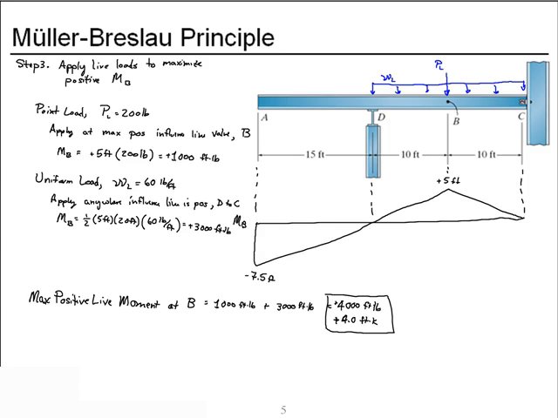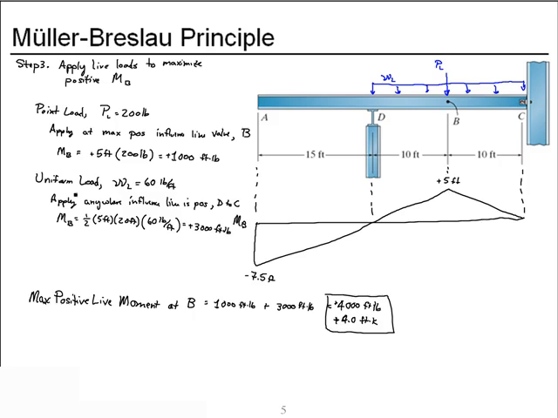We were then ready to use it. We had a point load, and it acts at the location of maximum value on the influence line. In this case, we're looking for positive moment, so it had to act at the peak positive magnitude location on the influence line, and so that's where we put our concentrated load.